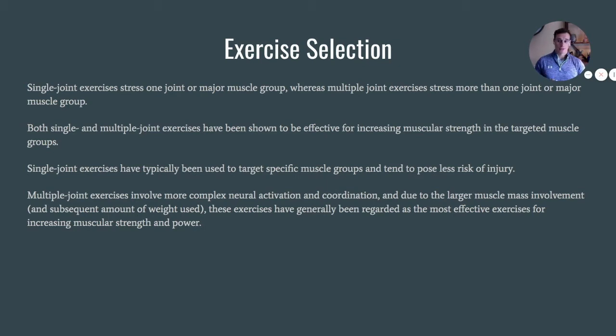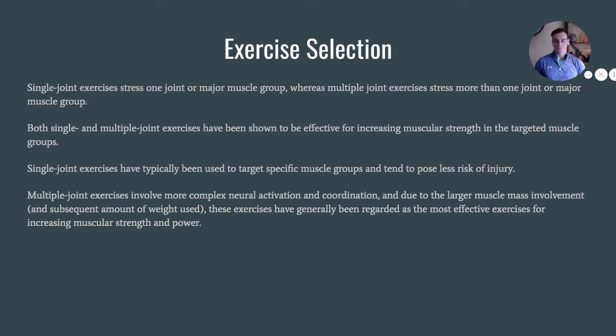Single joint exercises have typically been used to target specific muscle groups and tend to pose less risk of injury, whereas multiple joint exercises involve more complex neural activation and coordination. And due to the larger muscle mass involvement, these exercises are generally more effective for improving strength.